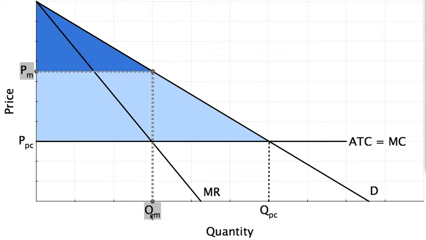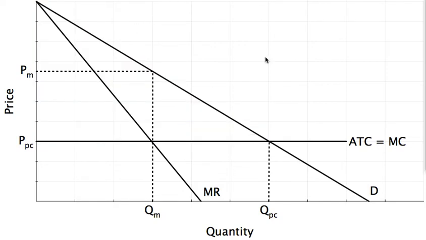And what I want to do is illustrate to you the profits that accrue to a monopolist when they only charge one price and one output level, versus the profits that a monopolist will have if they can engage in perfect price discrimination. So let me get rid of some of these highlighted areas because I don't need them anymore. And let me put in what the profits of a monopolist are.